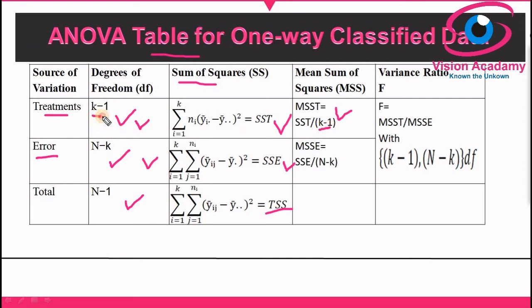SST divided by k minus 1 will be MSST, and SSE will become MSSE. For MSSE, the degree of freedom is n minus k, and we will consider SSE divided by n minus k. So this is the formation of that table of ANOVA.